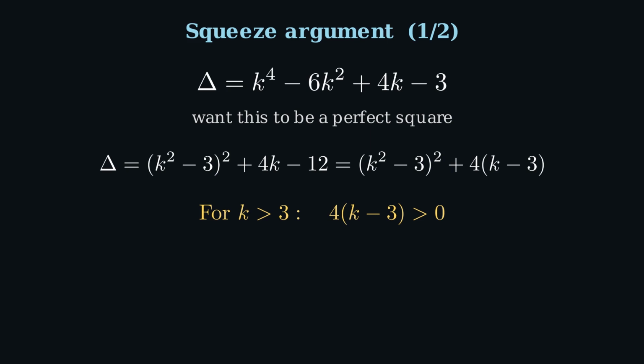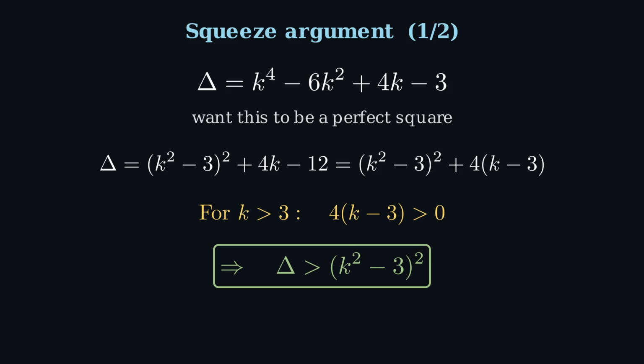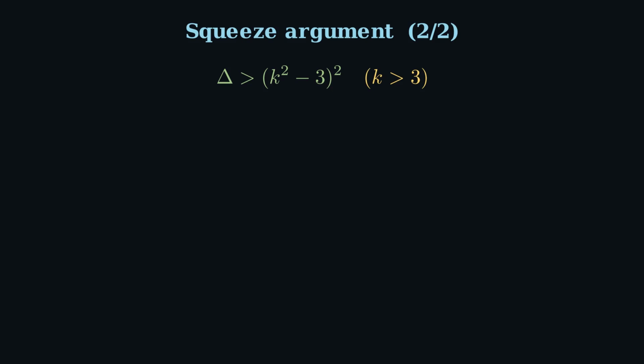So the right-hand side is a positive number. So we say that for k bigger than 3, since this is positive, delta is bigger than k squared minus 3 squared. Okay? So that's the first step, and this is for k bigger than 3.